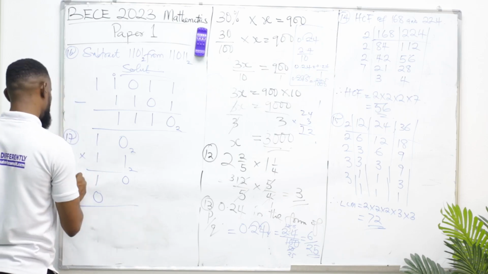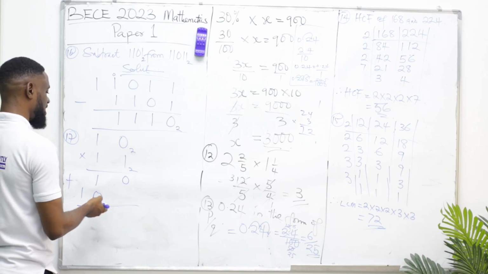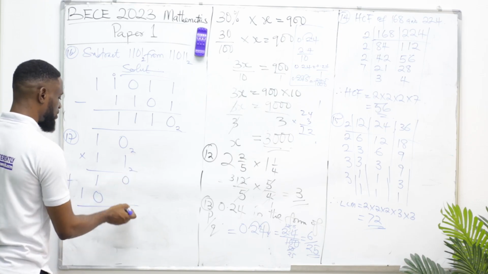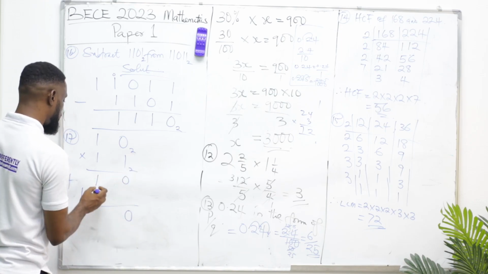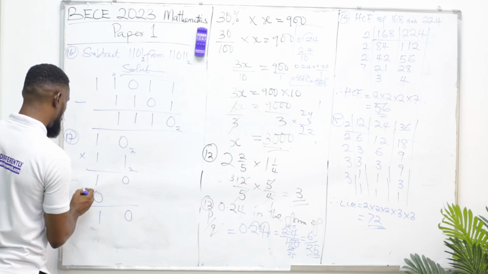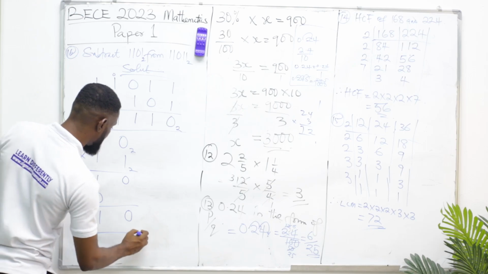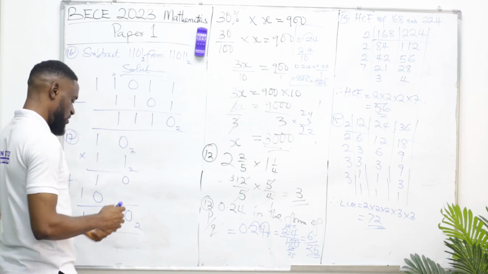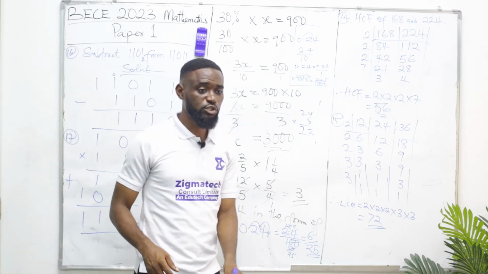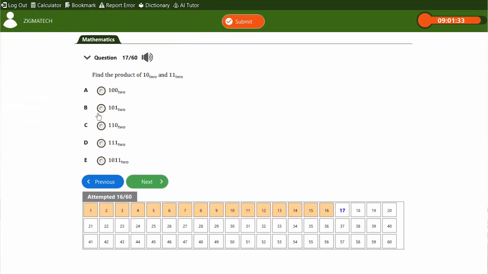So the same thing you do for your addition. 0 plus nothing is 0. 1 plus 0 is 1. 0 plus 1 is 1. So the answer is 1 1 0 in base 2. And that should be option C, 1 1 0 in base 2.